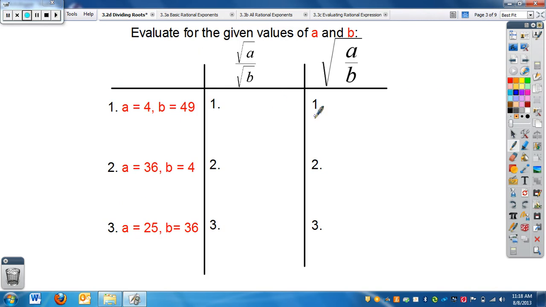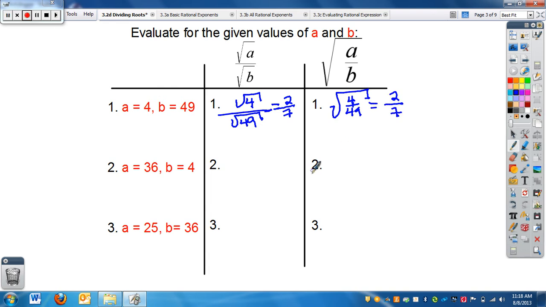So let's fill out this chart and see if we can see the pattern. Here we have a equals 4 and b equals 49. If I substitute in for a and b, I have the square root of 4 over the square root of 49. The square root of 4 is 2, over 7, so 2/7.